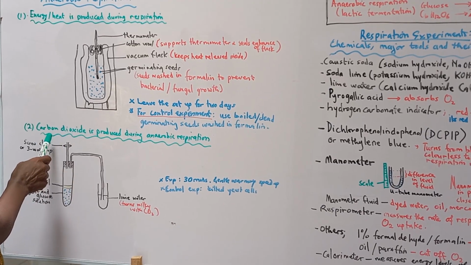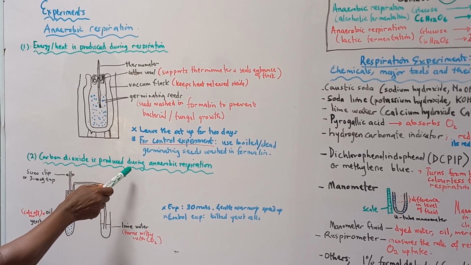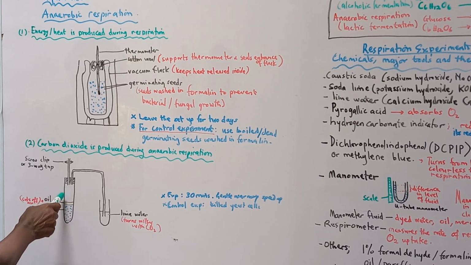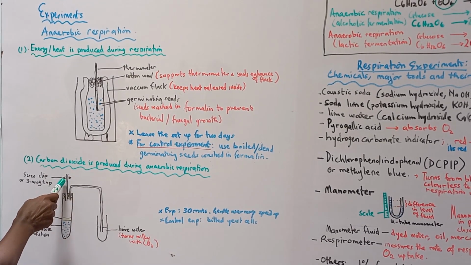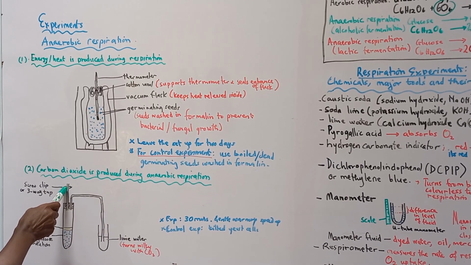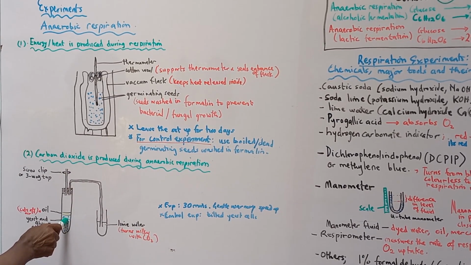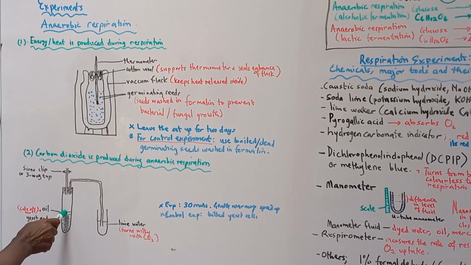So we also have this setup to prove carbon dioxide is produced during anaerobic respiration. Here, this is the setup. This clip or three-way tap is open, but just before the experiment starts, this tap should be closed. Now, this is yeast and glucose solution. Oil is poured on the solution.